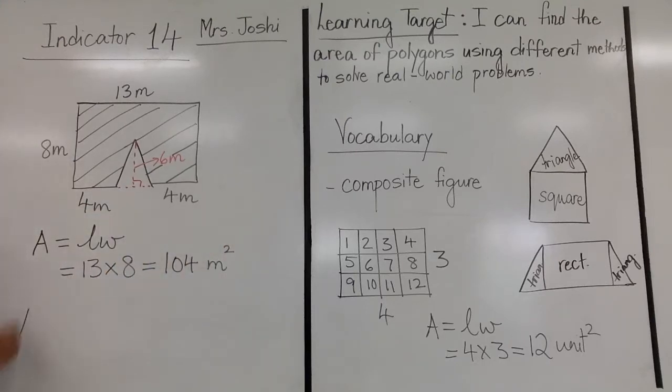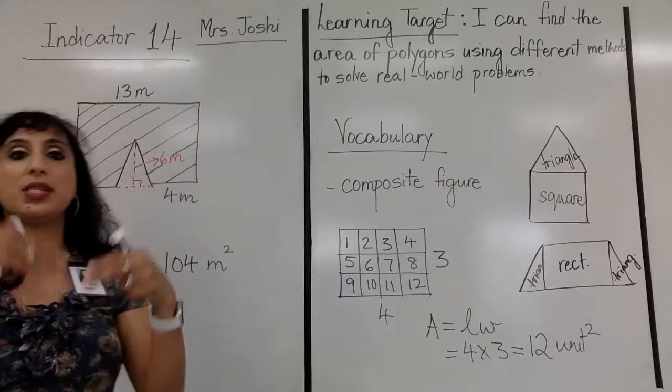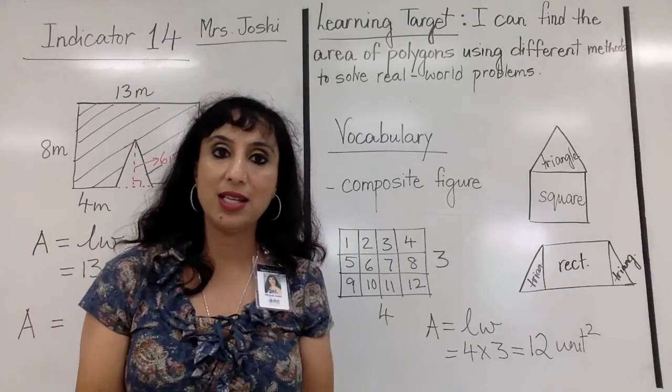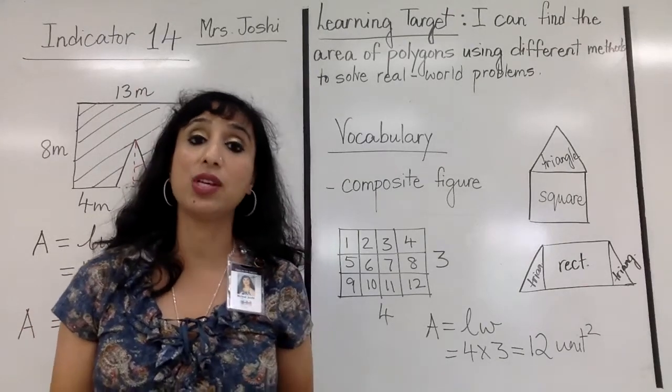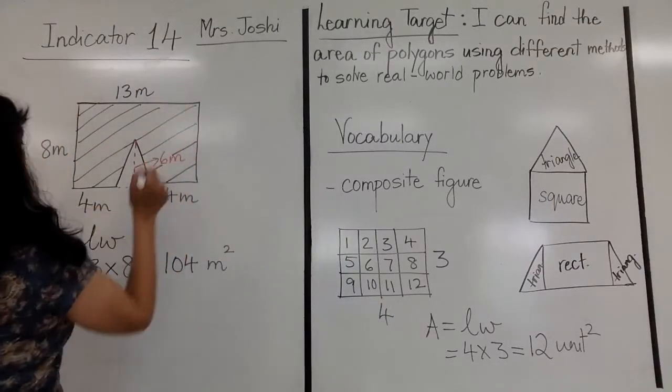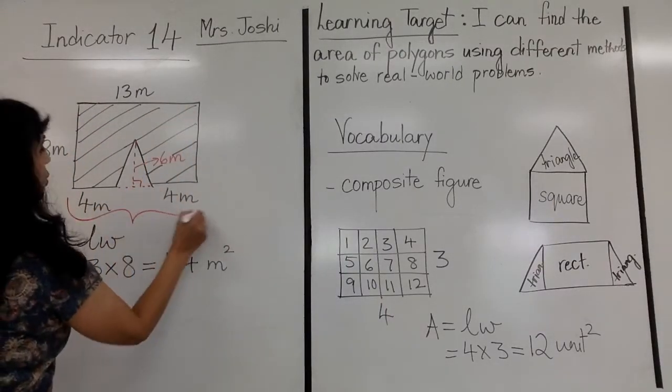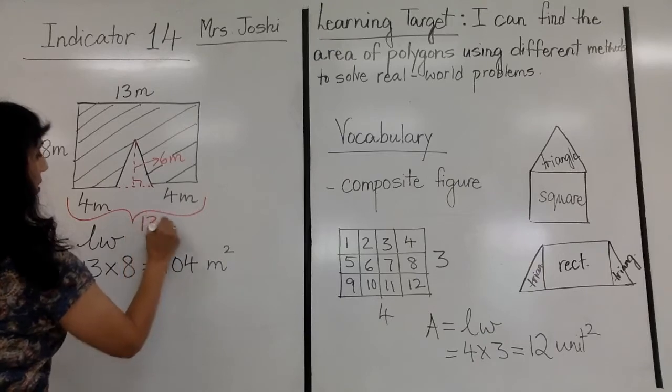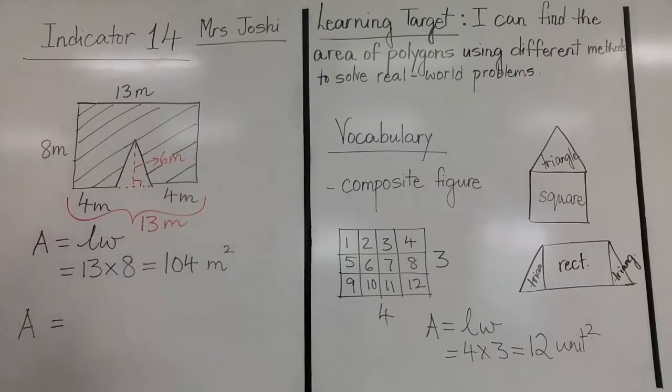Okay, now for the area of the triangle, there is one thing that we need to figure out first. We know that in a rectangle, the opposite sides have exactly the same measure. That's why it's a rectangle. Those are congruent, if you remember. Okay, so if this is 13, this whole thing should also equal 13 meters.